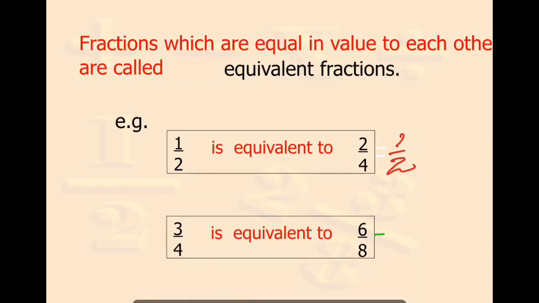Because this 6 by 8, when it is expressed in its lowest form, gives you 2 3s are 6 and 2 4s are 8. So basically this is 3 by 4, this is 3 by 4. In the lowest form these are the same, but they are simply looking different. So such fractions are called equivalent fractions.